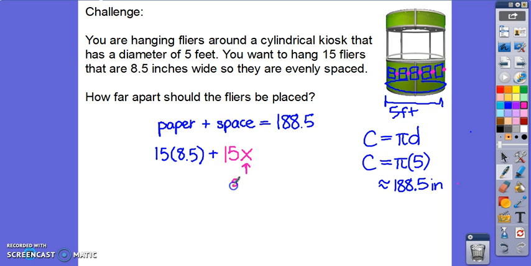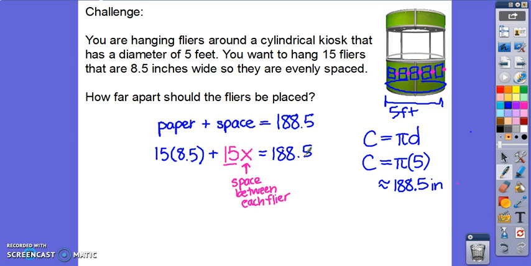The space between each flyer? Yeah, that makes sense because then I'm taking that space, which is a rate, space per flyer, times the number of spaces I need. That works in my head. Does it work in yours?